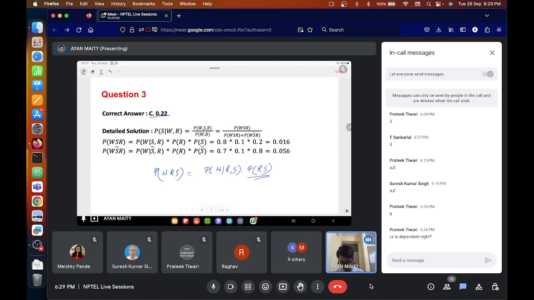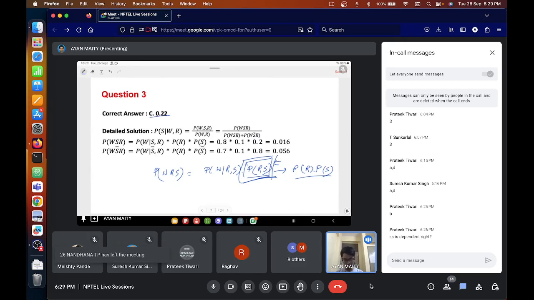I just want to expand this probability of R and S. In this probability W is not given, only R and S. We just have to find out this probability value. So in this case W is not given, so we can say that S and R are independent, so we can write it as probability of R into probability of S.